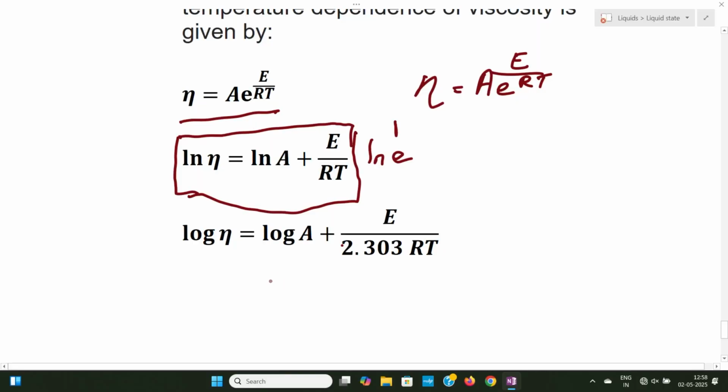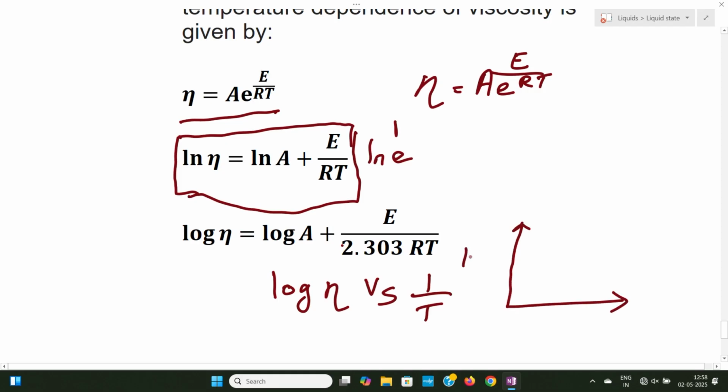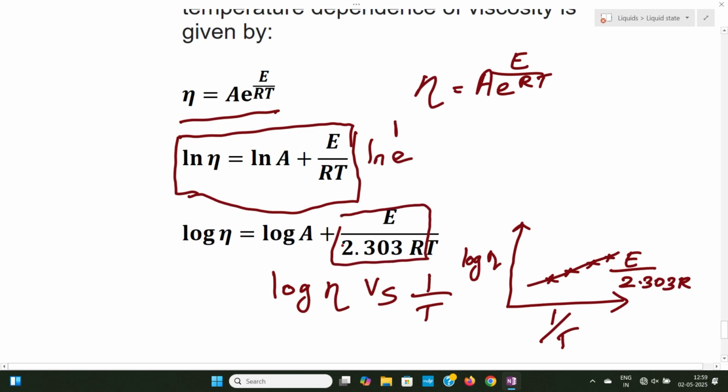Here if we plot the graph of log eta versus 1 by T, we will get a straight line with the slope E by 2.303 R. This is the slope we get from this equation, and log A is the intercept.